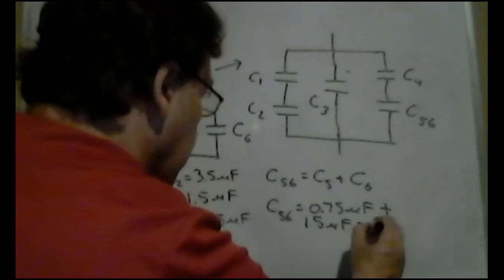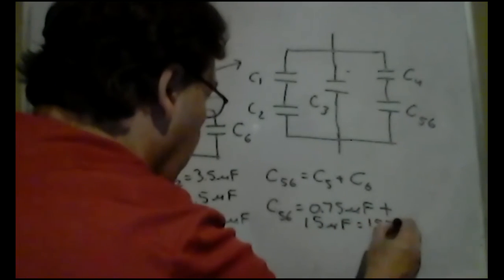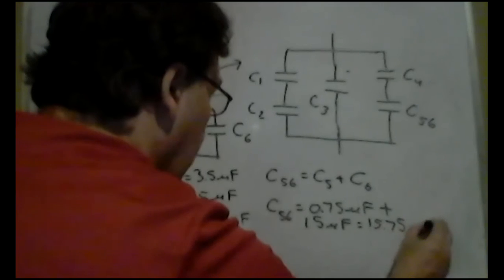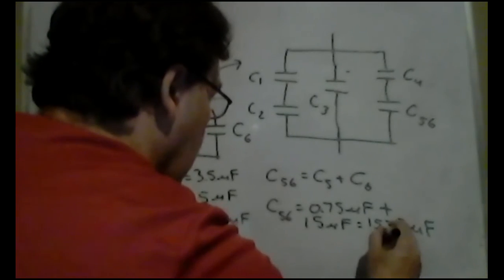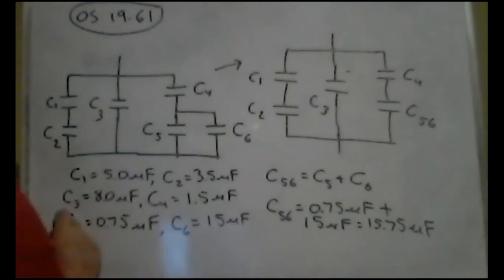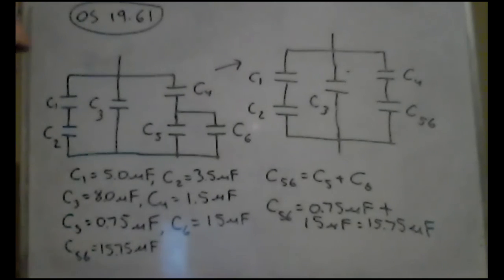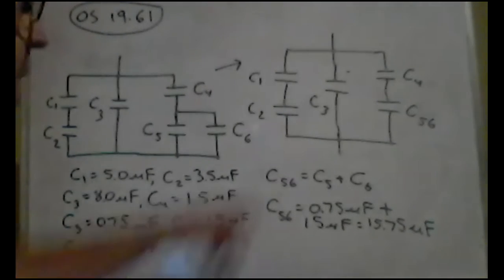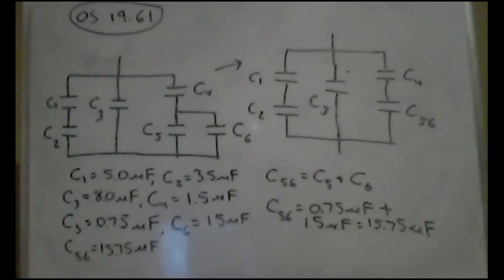And so simple math says that that's 15.75 microfarads. Great. So I'll put that on my little parking lot. C5, 6 is 15.75 microfarads.